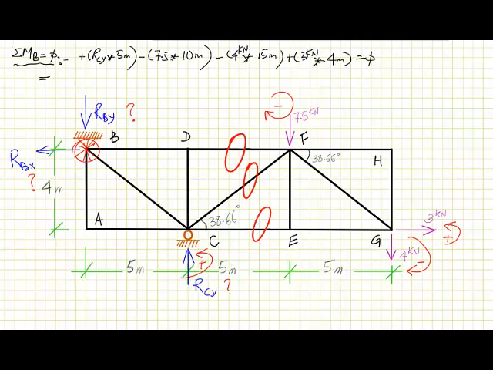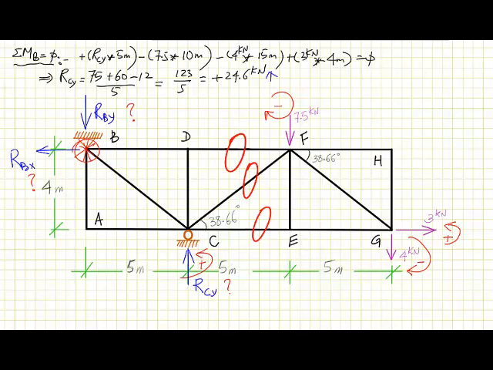And from this we get, if you isolate RCY, RCY is equal to 75 plus 60 minus 12 divided by 5, and this is equal to 123 divided by 5, which is equal to plus 24.6 kilonewton. That means the assumed direction for RCY is correct, and it is upwards, so this is the direction.